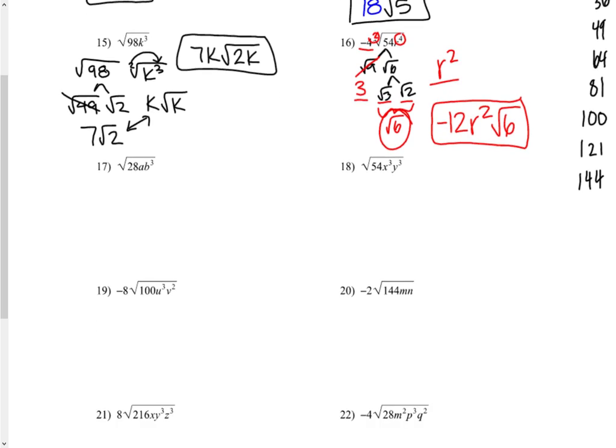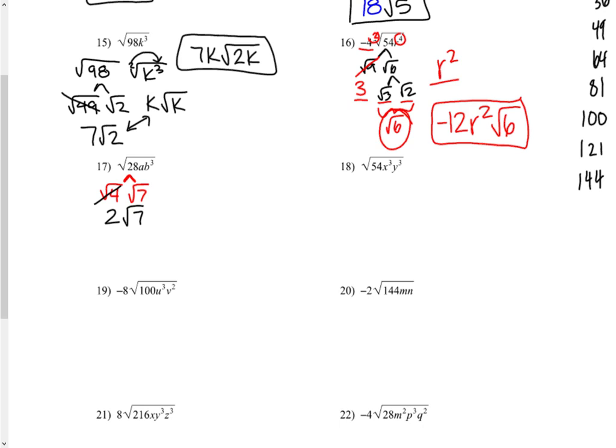Okay, square root of 28ab cubed. So starting with 28. Need to think of two numbers that go in there. I know that 4 goes in there, and 4 is a perfect square, and it's 4 times 7. The square root of 4 is 2. I cannot simplify the square root of 7, so right now I have 2 root 7.